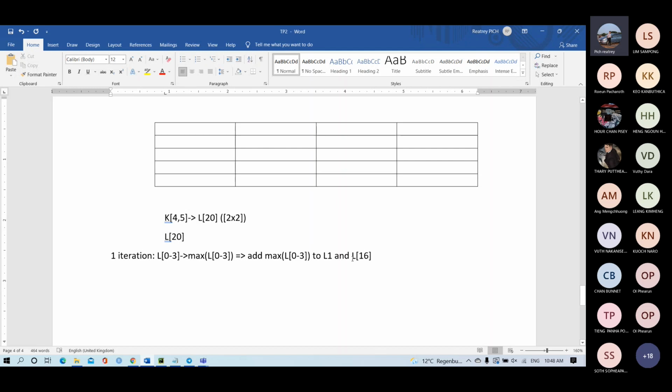Then our old linked list will diminish, reduce from 20 elements to 16 elements.